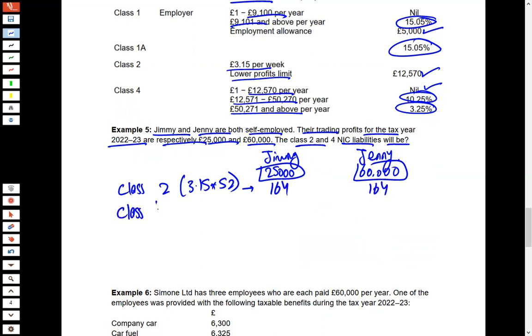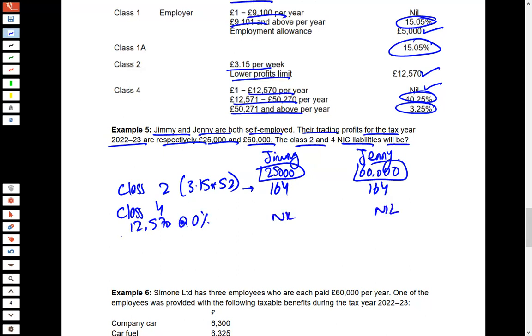Whereas for class 4 NIC, if I calculate it over here, till 12,570 it is 0%, so nil.